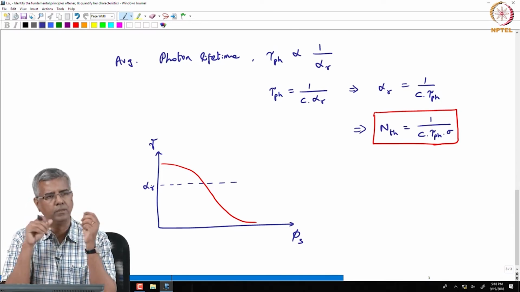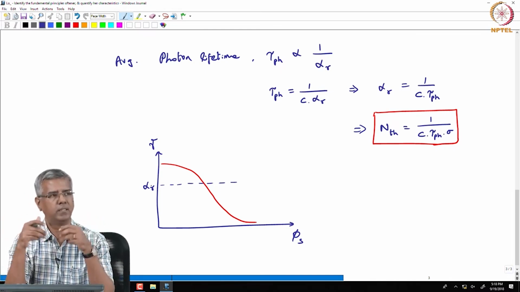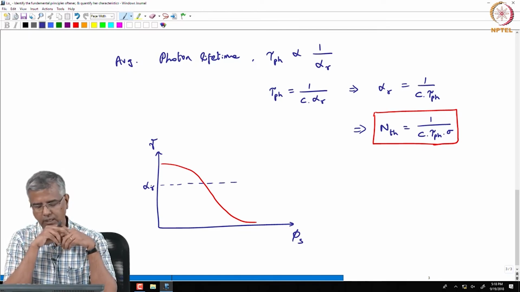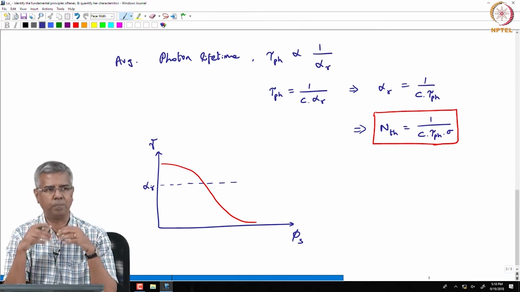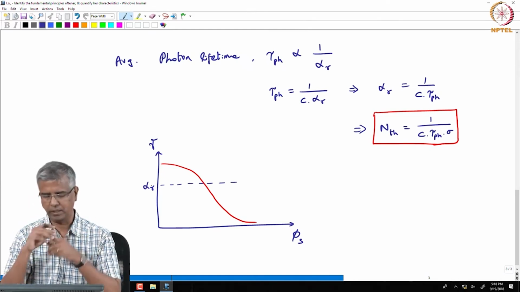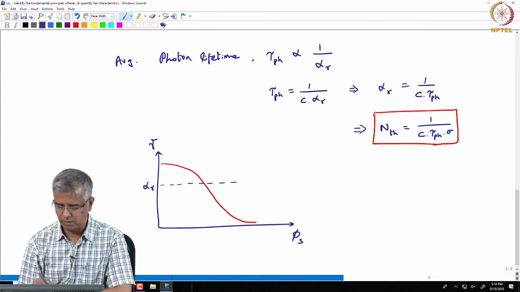And those photons upon feedback are going to start stimulating certain transitions, and you start building up the stimulated emitted photons. So, you may start here. This is your starting point.